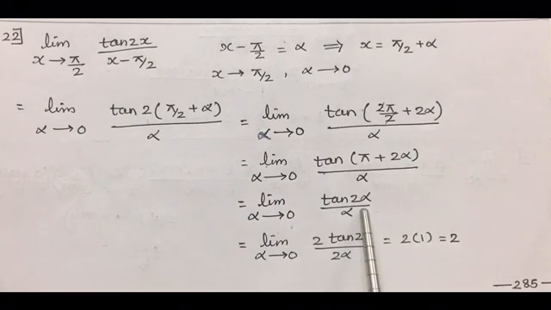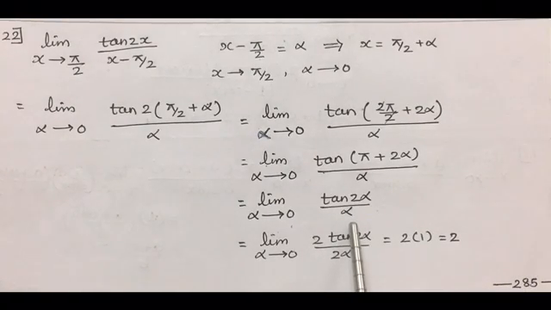Now to use the formula, that is tan x upon x equal to 1 when alpha tends to 0 or x tends to 0, we have here tan 2 alpha and in denominator only alpha is there.